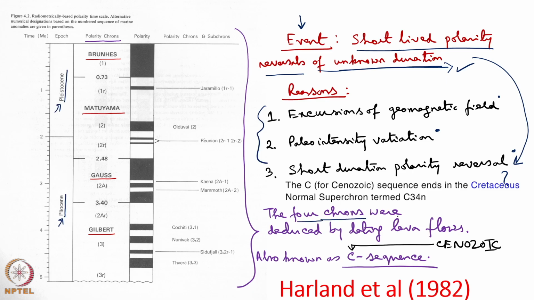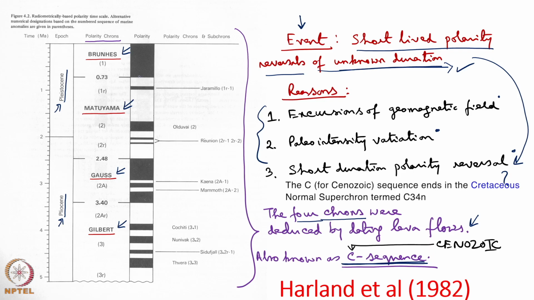The 4 crons were defined and deduced for Pliocene and Pleistocene by dating lava flows. So, the date was used, the absolute time was incorporated. We call it C sequence. Here we involve the names of famous paleomagnetic scientists: Brunhes, Matuyama, Gauss and Gilbert, to present this magnetostratigraphic column.